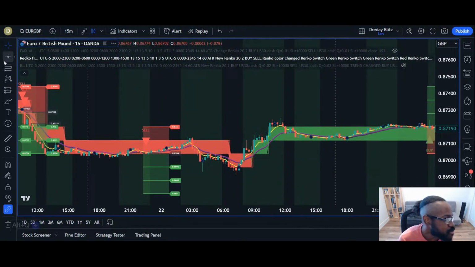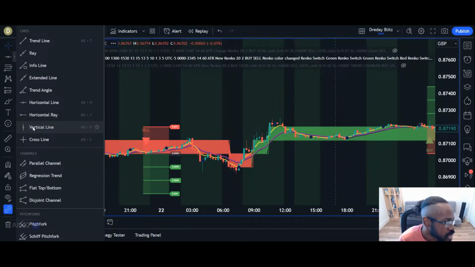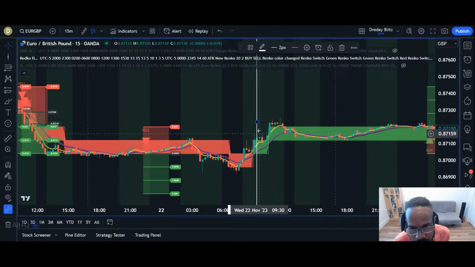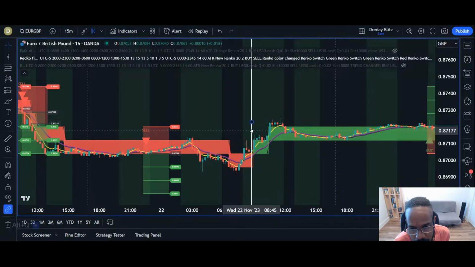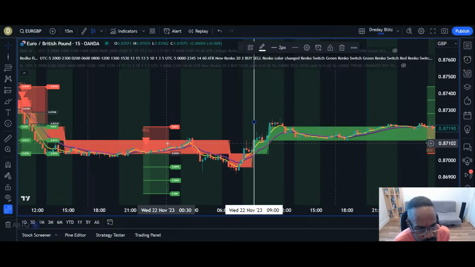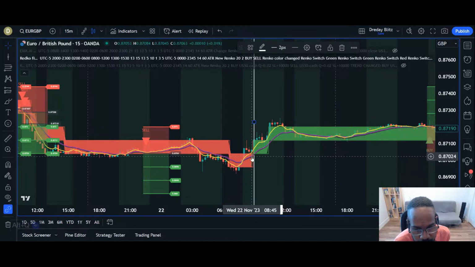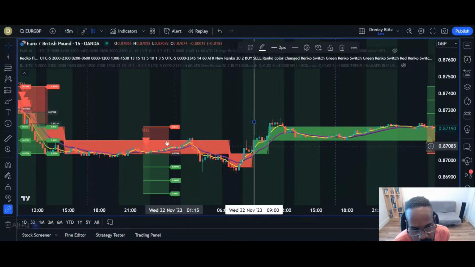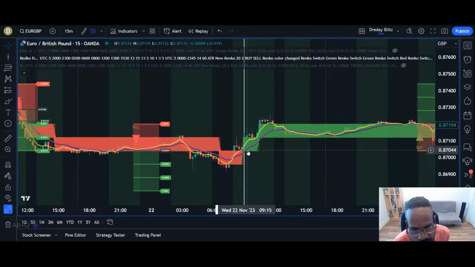Okay, so at this point here, if I put a vertical line, you receive the message saying we're switching to green and to close your sells. So if you entered this trade here at that price, you would be maybe break even or a little drawdown, but you would never touch your stop loss because you would receive your notification saying that you need to close that trade.